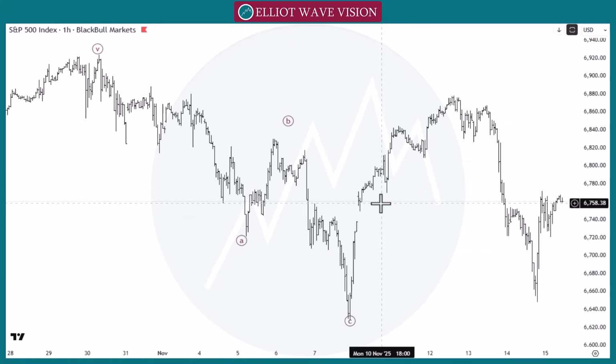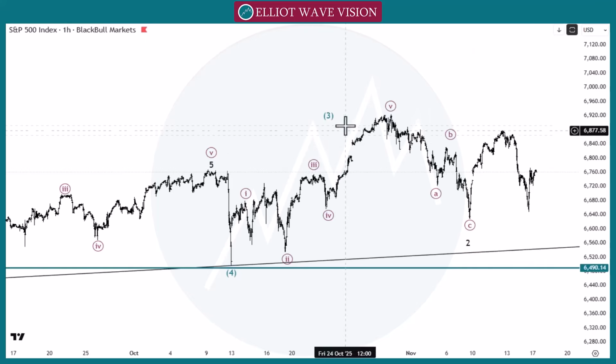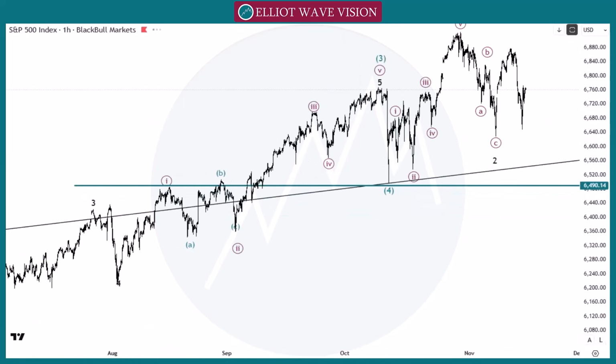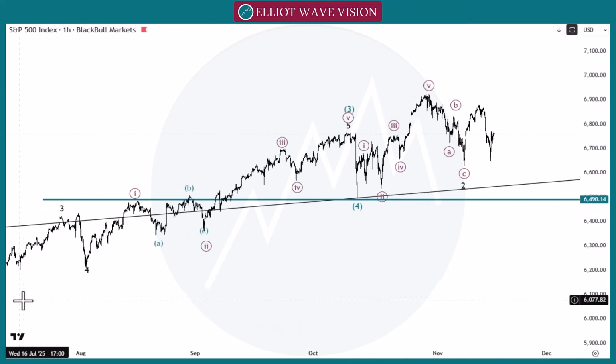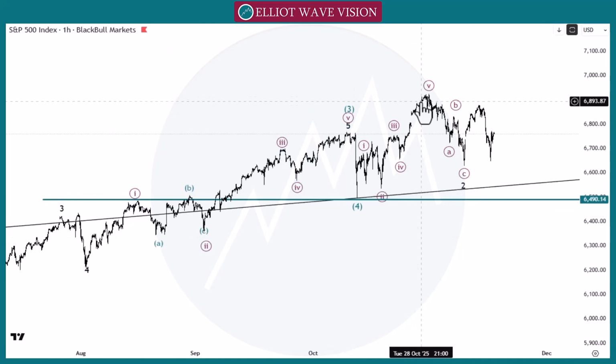Like this. Okay, so we count this move differently. Let's check this move first. At this point we count wave 1, wave 2, wave 3, wave 4 and wave 5.